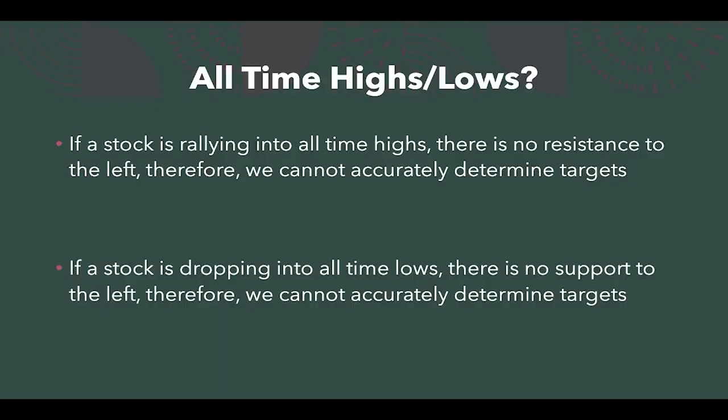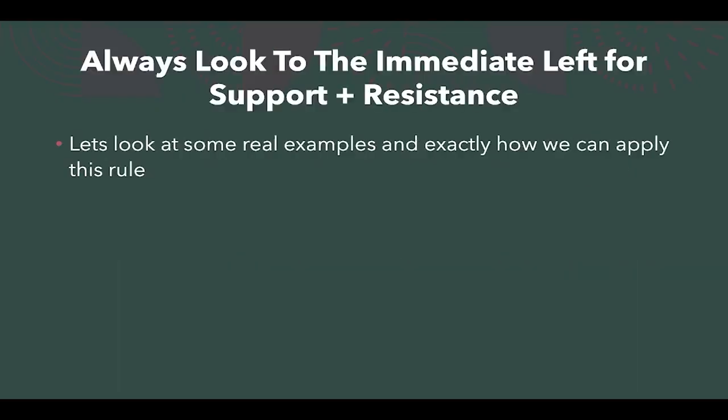Just like if a stock is dropping into all-time lows, there's no support below and to the left, because the stock has never been at that price before. So if the stock is at all-time highs or all-time lows, we're not going to be able to determine targets that well, just because there is no support or resistance to base that off of.